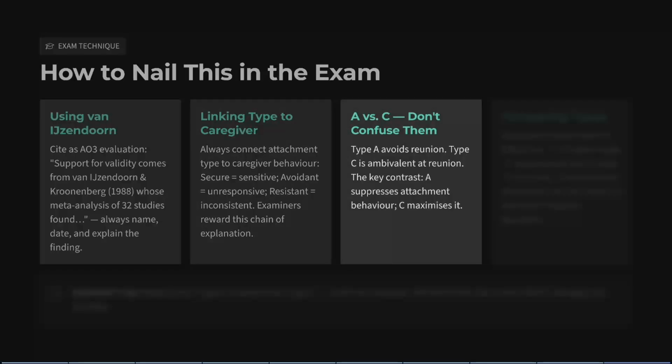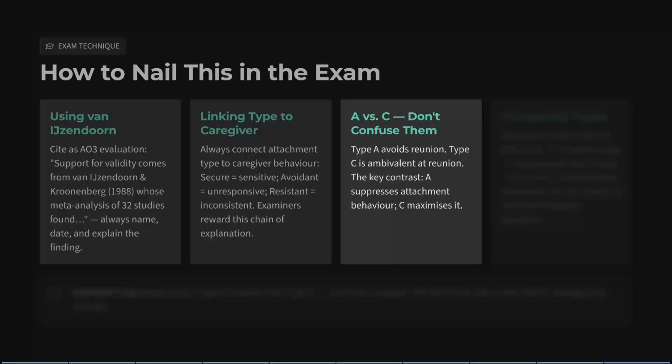Type A versus C. And here I give you the key contrast clearly. Type A avoids reunion. Type C is ambivalent at reunion. The underlying distinction is that A suppresses the attachment behaviour and C maximizes it. 2 opposite strategies in response to 2 different caregiving failures.